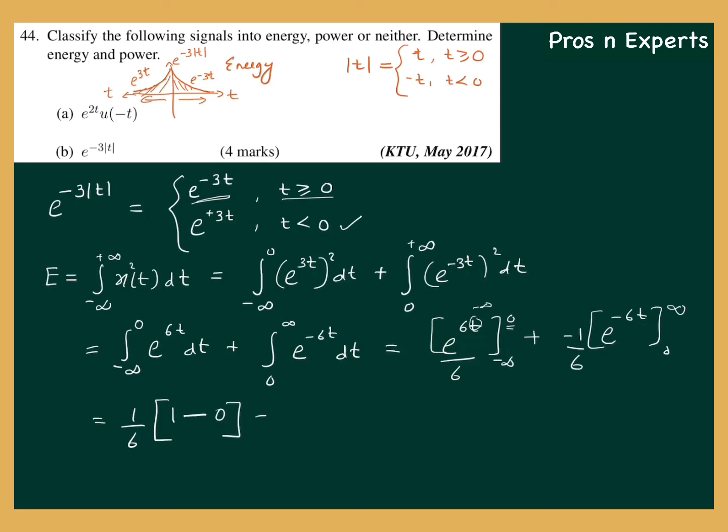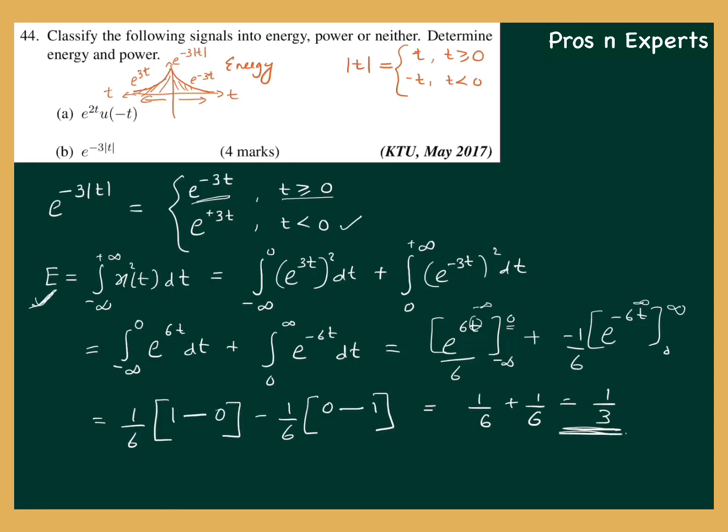Plus minus 1 by 6 into e raised to minus 6 into infinity, which is 0, minus e raised to 0, which is 1. On simplification, it is 1 by 6 plus 1 by 6, that is equal to 1 by 3. So we started with energy of the signal and ended up with 1 by 3, which is a finite value.